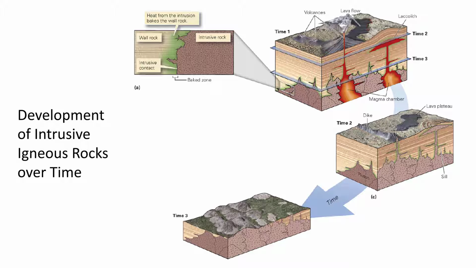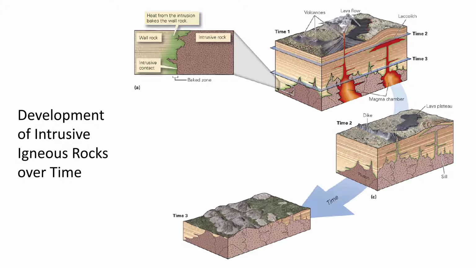You'll note that the heat from the intruding plutons is transferring heat from the intrusion into the wall rock to bake the pre-existing rocks, and that's a common feature, as we've already discussed, for an intrusive contact. Still in time 1, the magma chambers are feeding volcanoes and a laccolith as well.